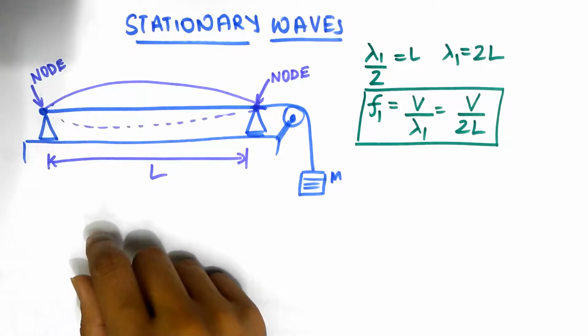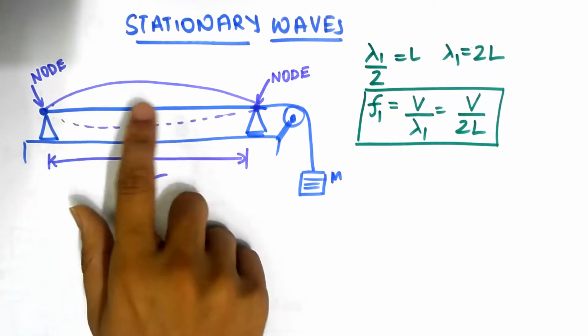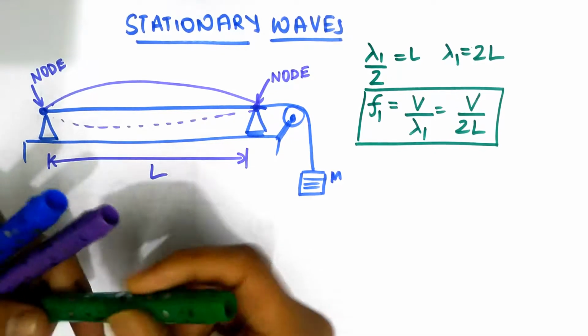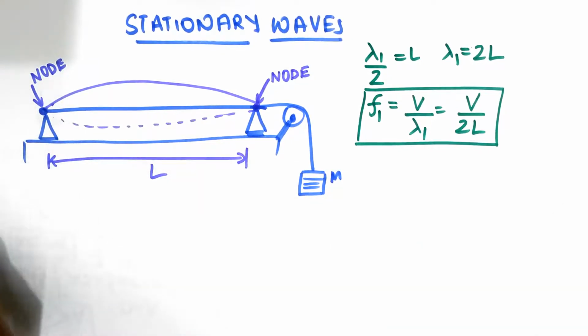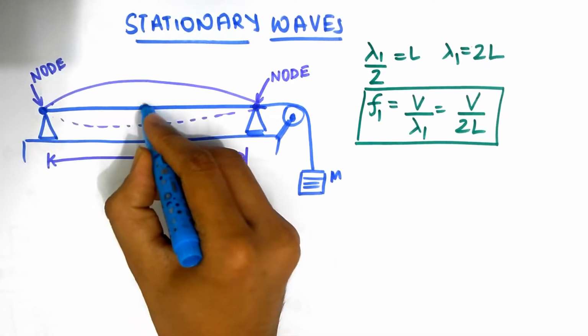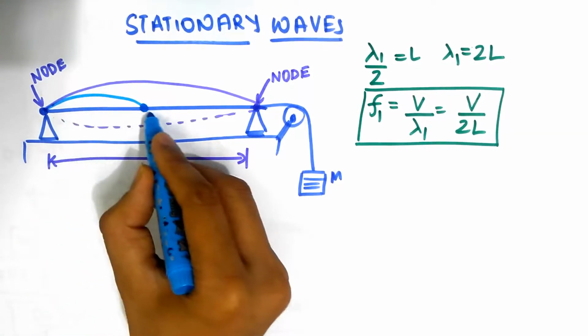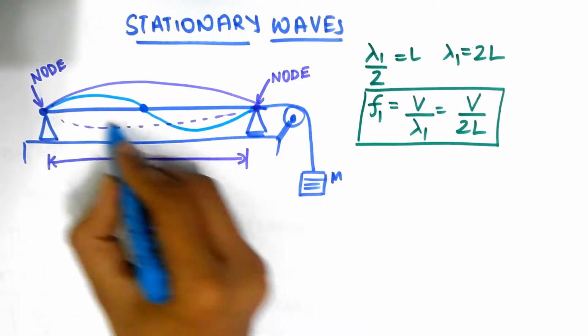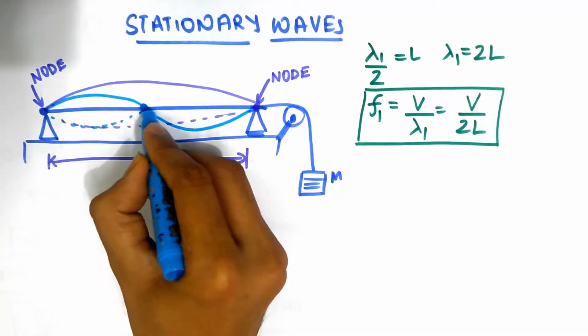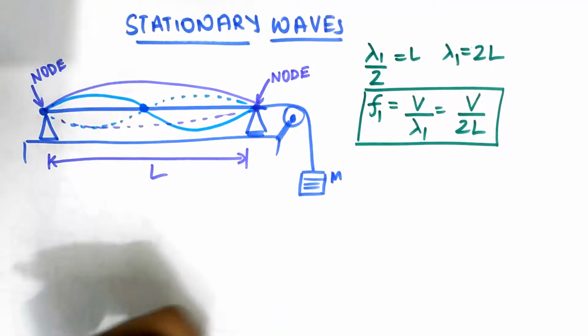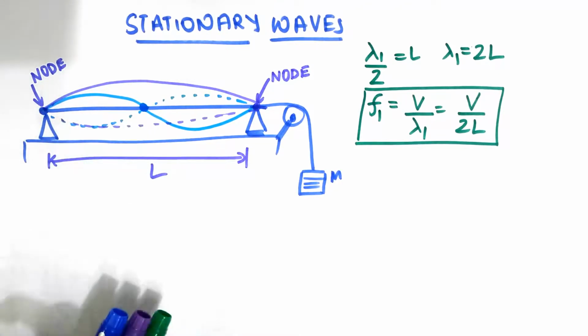What we can do now is we can have one node in between. I'm pretty sure you must have seen this before, but I'm going to derive it again anyways. So we're going to fix one node over here, and we can have a wave that goes like this, and a little later in time, it goes like this. That's a second wave that's available, that's allowed.